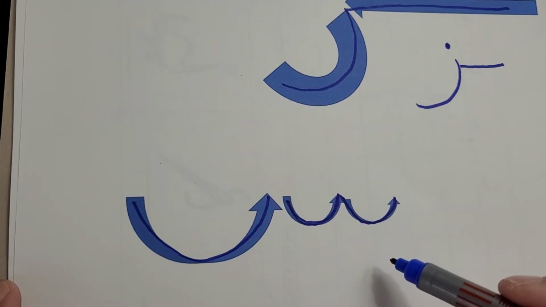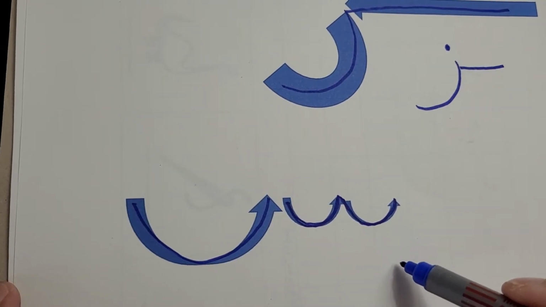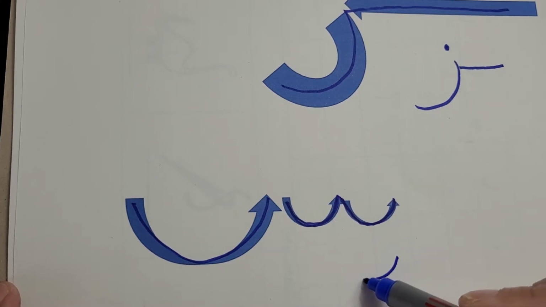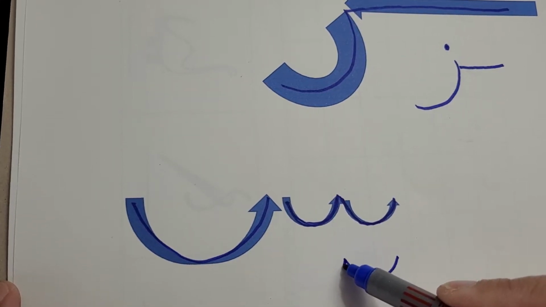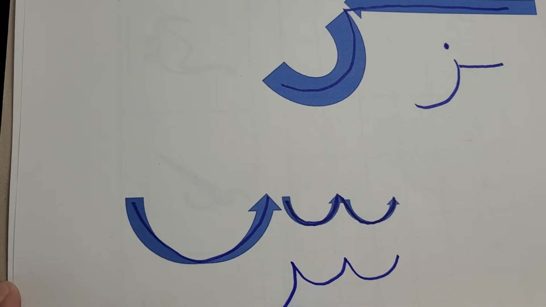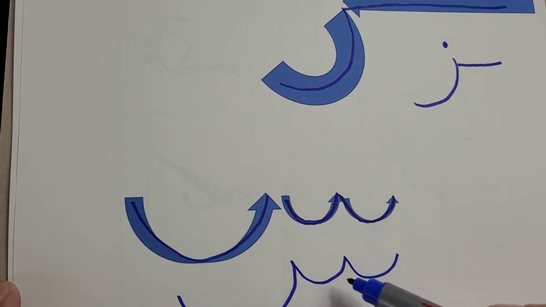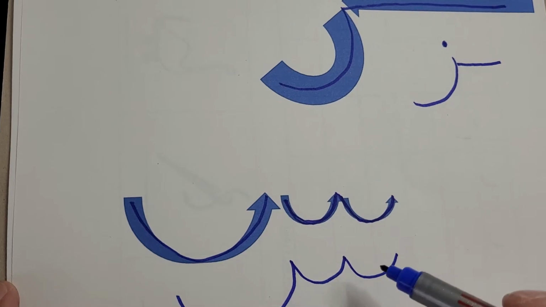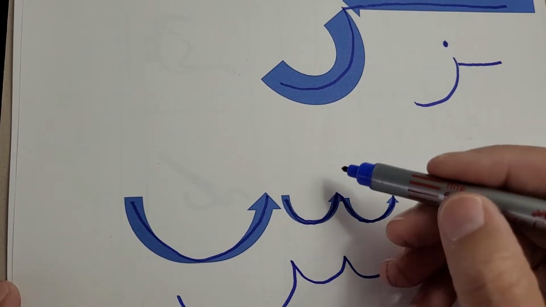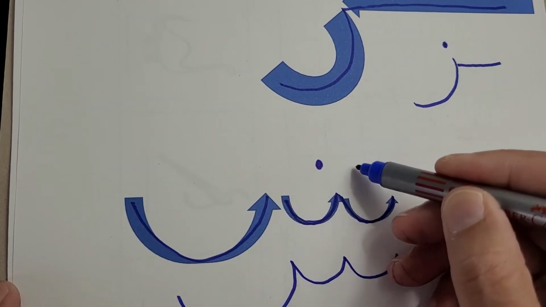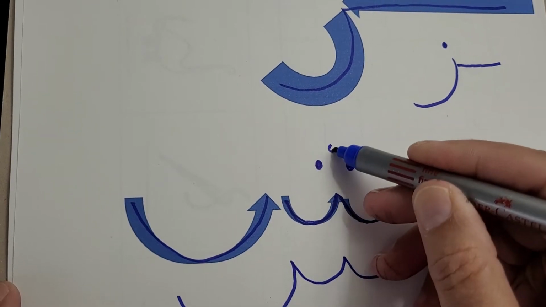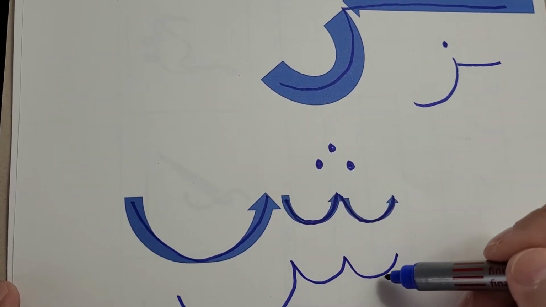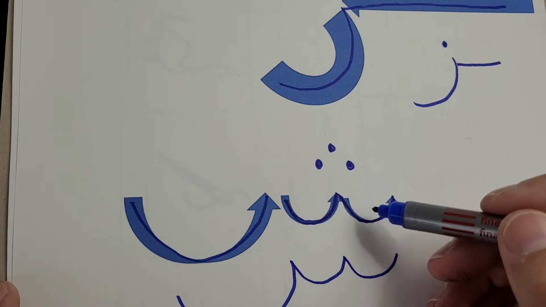Letter shin looks almost the same, it has one, two, three teeth. But in shin, you will put three dots. One, two, three. So this is sin and this is shin.